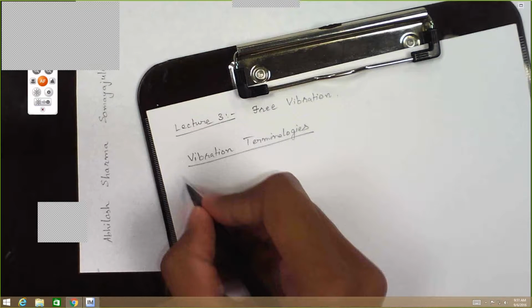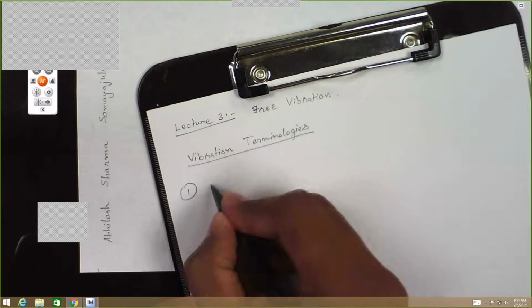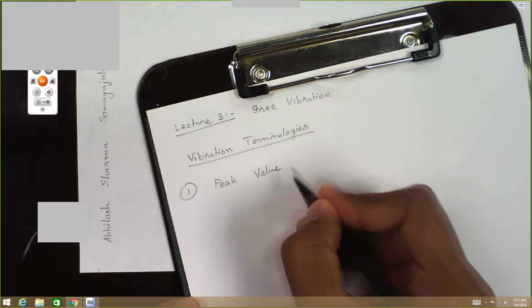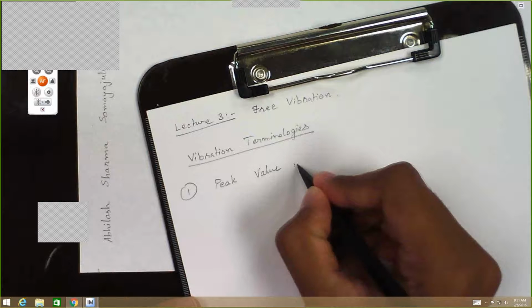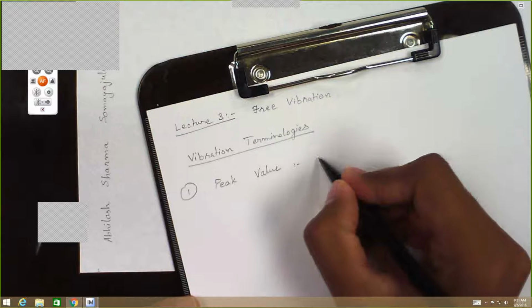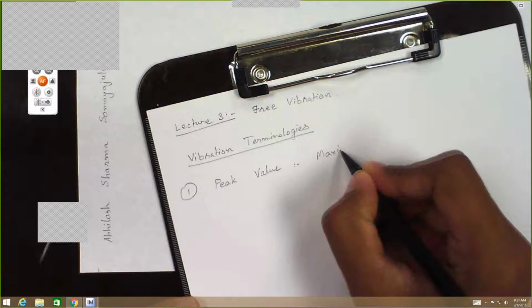So the first thing we'll try to talk about is the peak value. What a peak value of a signal means is the maximum value of a signal in the entire time series. So it's the maximum value.